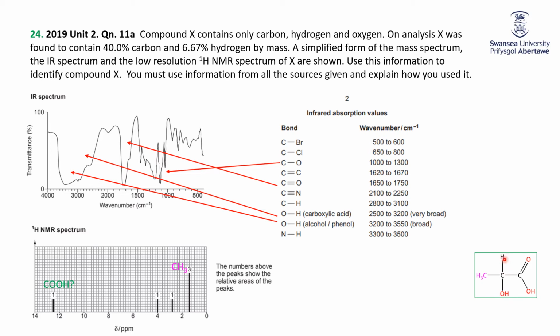So this H here is presumably this proton, and this H here, the OH for the alcohol, is presumably this one. So this would be my analysis for X: the acid from the mass spec and the infrared and the proton NMR, the OH from the mass spec and the infrared, the CH3 from the mass spec and the proton NMR, and then the fact that this H and this H are different from the proton NMR.